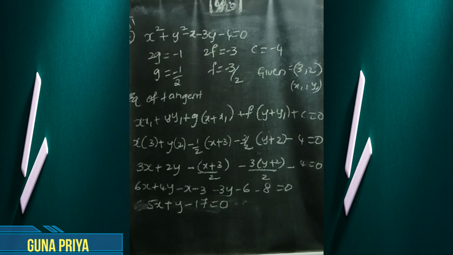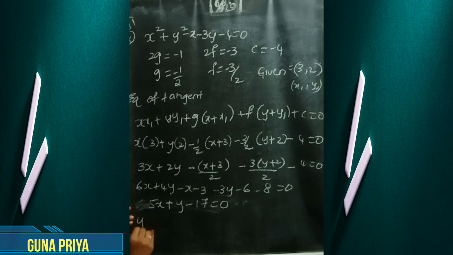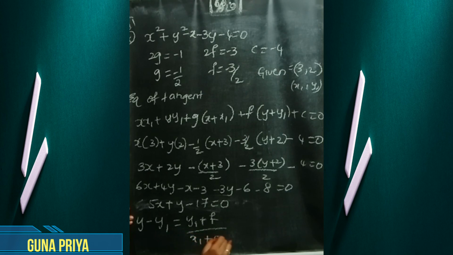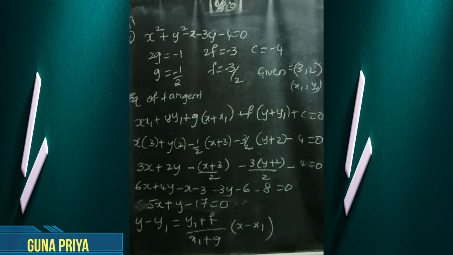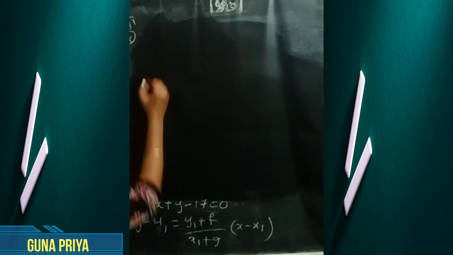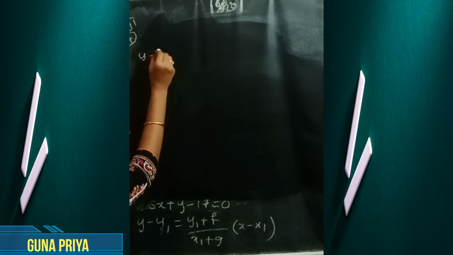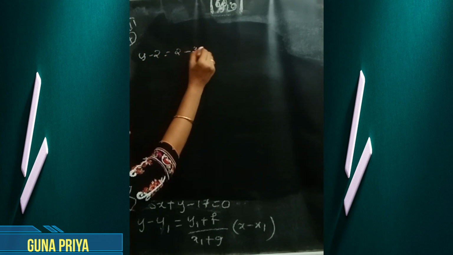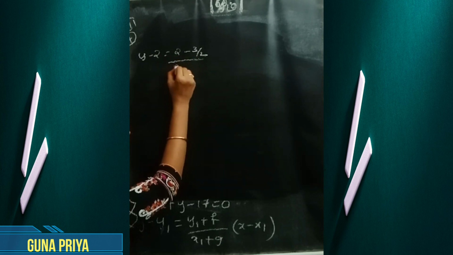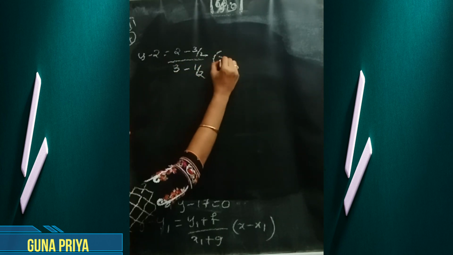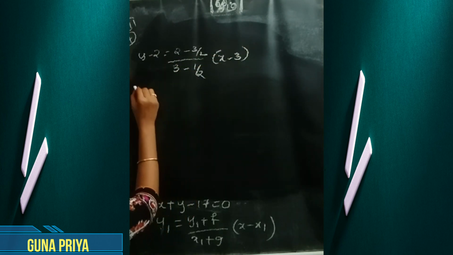Now we have to find out the equation of normal. What's the equation of normal formula? y minus y1 equals to y1 plus f by x1 plus g into x minus x1. Same like that, you have to substitute this. Then substitute: y minus 2 equals to 2 minus 3 by 2 by 3 minus 1 by 2 into x minus 3.